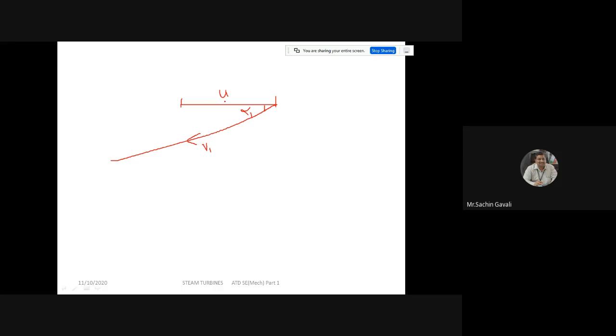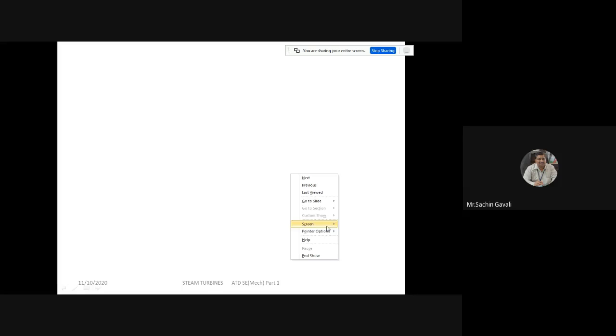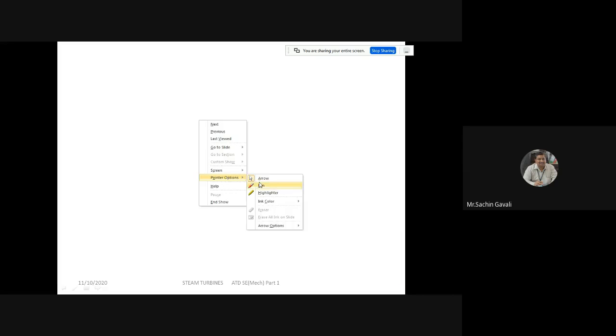Let us consider the blade is moving with this velocity U. Draw here once again.